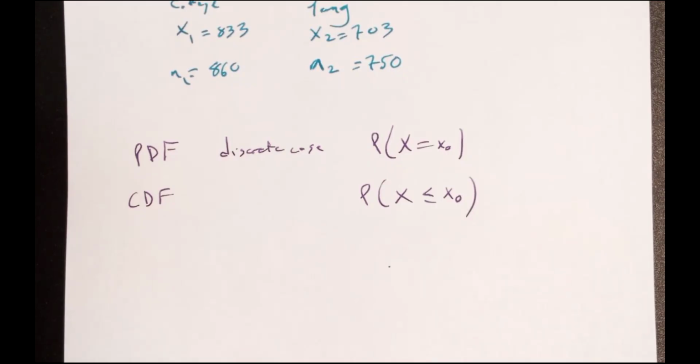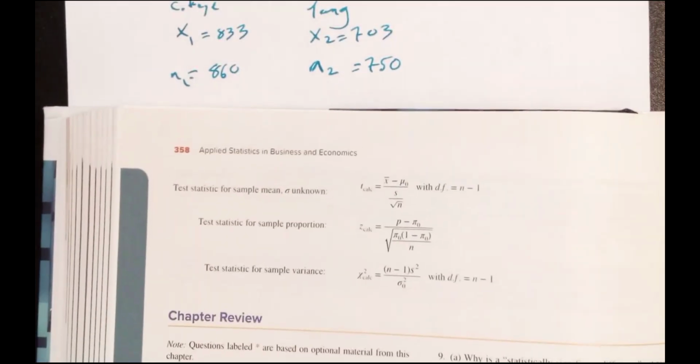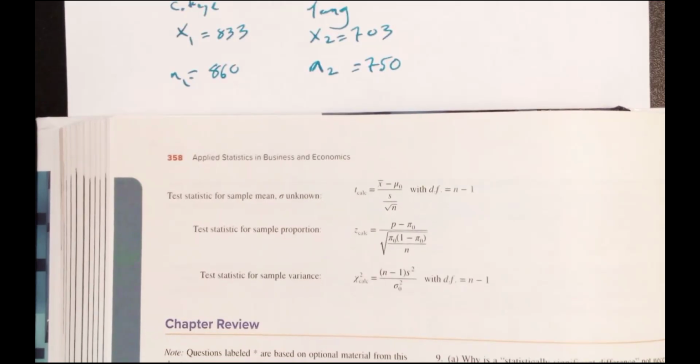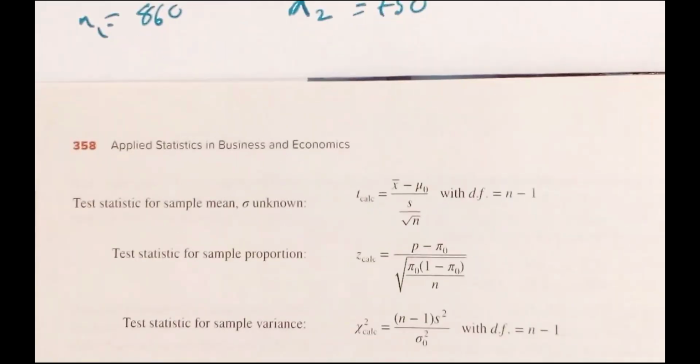I only know my sample standard deviation. Well, then my t calculation comes from this calculation. The t for a mean is the x bar from my sample versus my benchmark divided by my standard error. So that's for a mean, right?